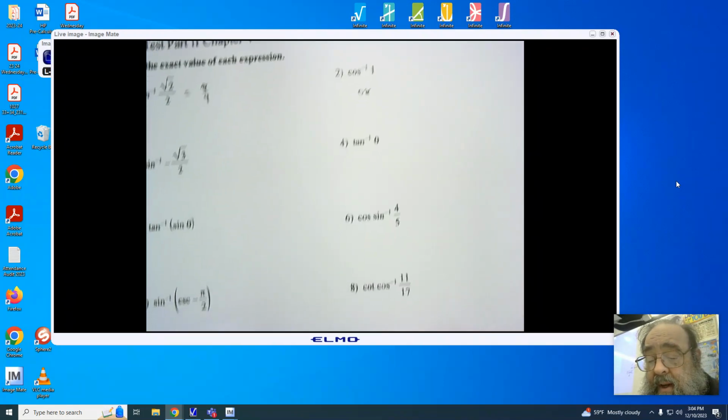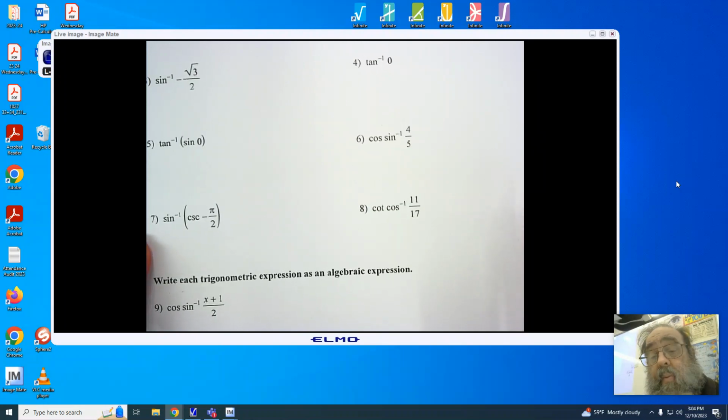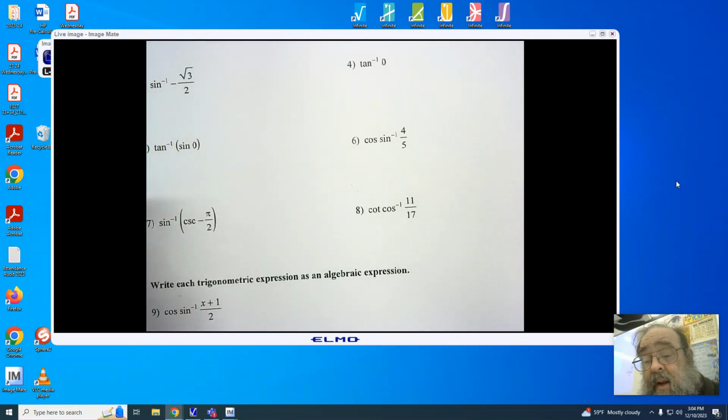Going to number 3. Here we see a negative sign. Now, we're going to use our reference angle again, and just think about the arc sine, or when is sine going to be root 3 over 2 in the first quadrant. This is pi over 3. Now, we therefore have in the negative first quadrant, negative pi over 3.